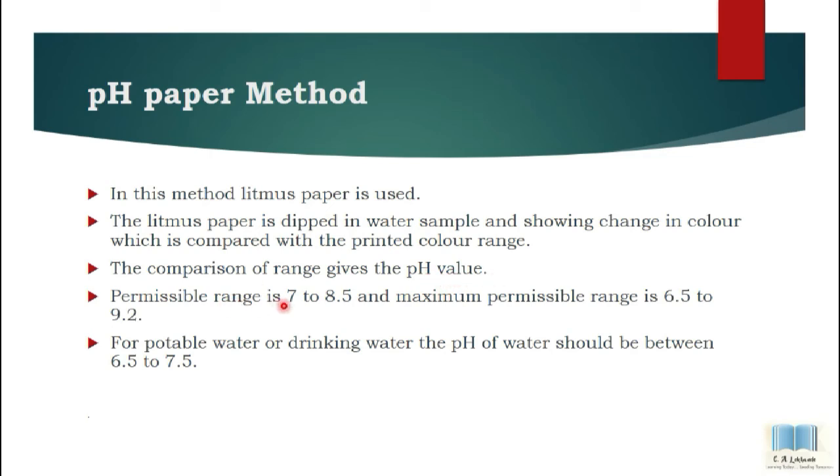The permissible range is 7 to 8.5 and the maximum permissible range is 6.5 to 9.2. For potable or drinking water, the pH value of water should be between 6.5 to 7.5.